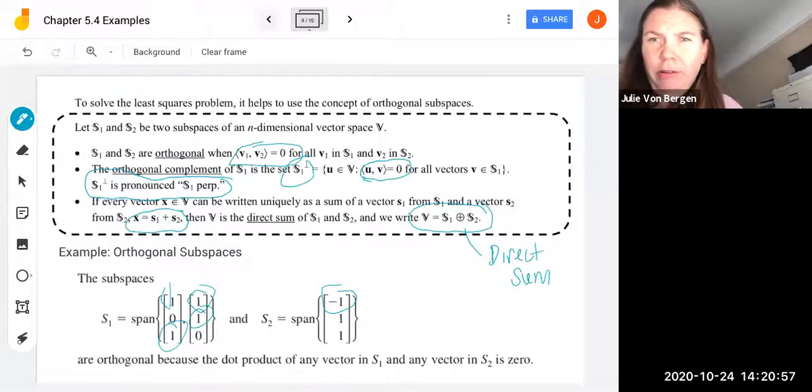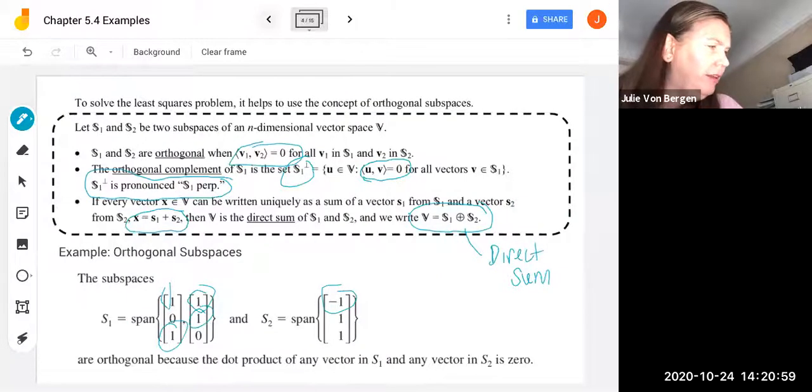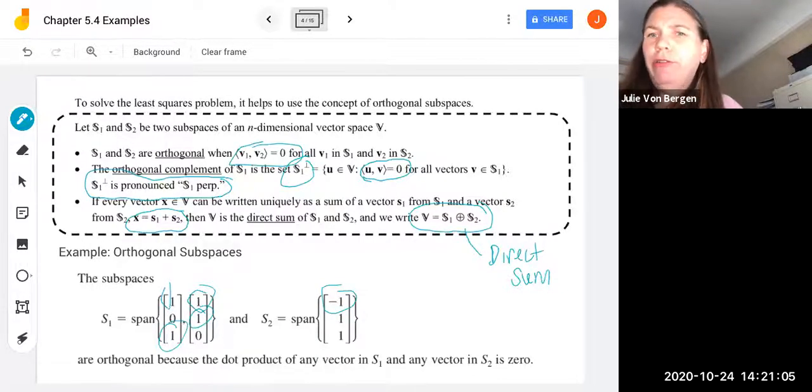So if you look back at our orthogonal subspaces, you can see that in general for S1 and S2, their intersection, where S1 is the span of (1, 0, 1) and (1, 1, 0), and S2 is the span of (-1, 1), the only vector in common is that 0 vector.